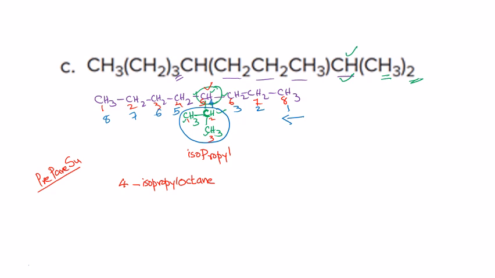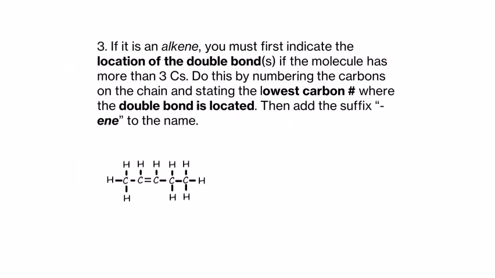Let's see one more example. If it is an alkene with a double bond like this, no big difference. The only difference is you will end the name with ene and you will number the carbon atoms in such a way that the double bonded carbon will have the least number. What does that mean? Let us see. So the name should end in ene because I already see a double bond here.